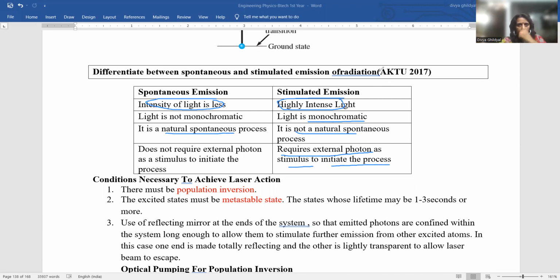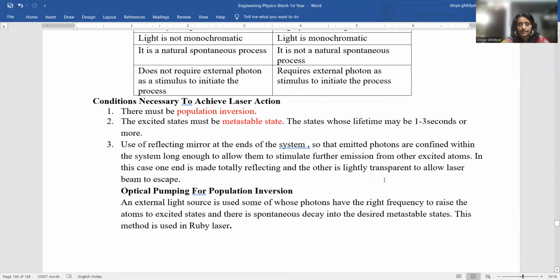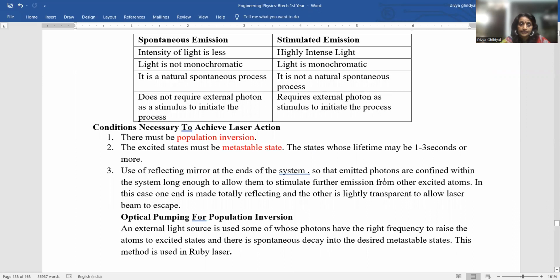So now, what are the necessary conditions to achieve laser action? The difference between laser light and ordinary light is that laser light is intense, it is monochromatic, it is a very high intensity beam. So population inversion among the energy levels should be there. What is meant by the word population inversion?